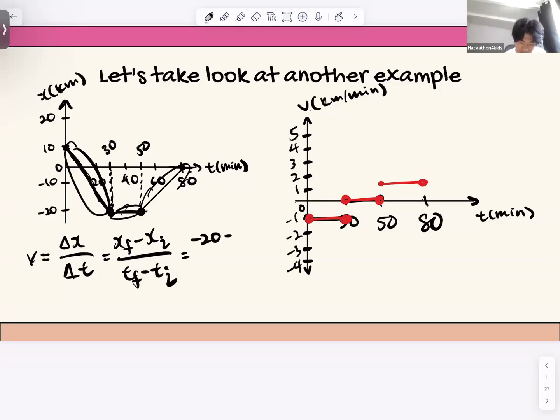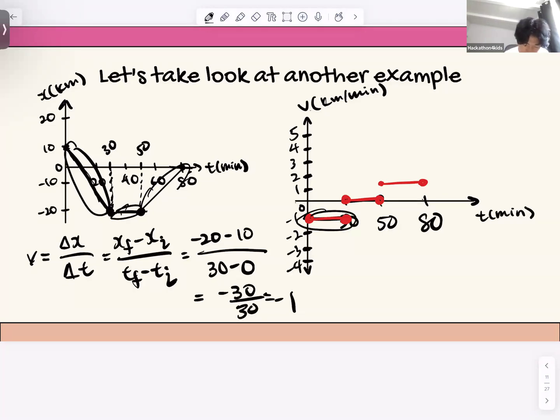Initial position at 0 is 10. And then final time is 30 minutes, and then they start at 0. So it'll be -30 over 30, which is -1, which is our first velocity here for the time interval 0 to 30 minutes, which is correct.